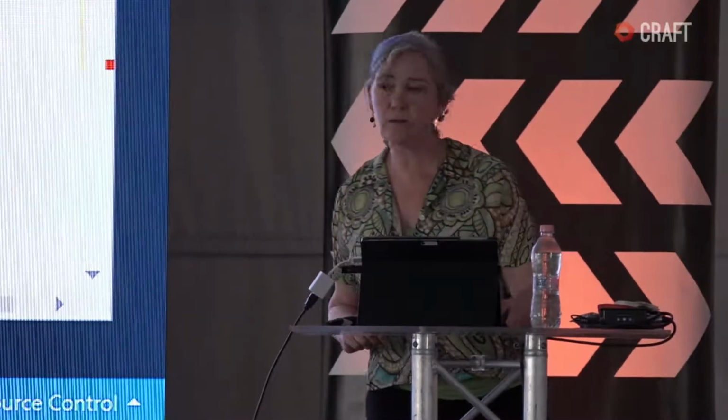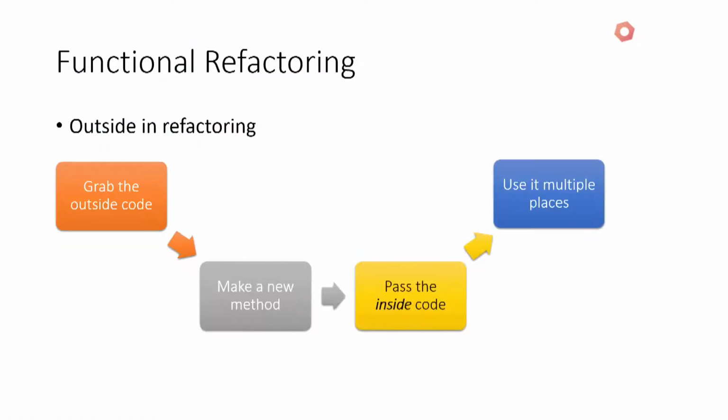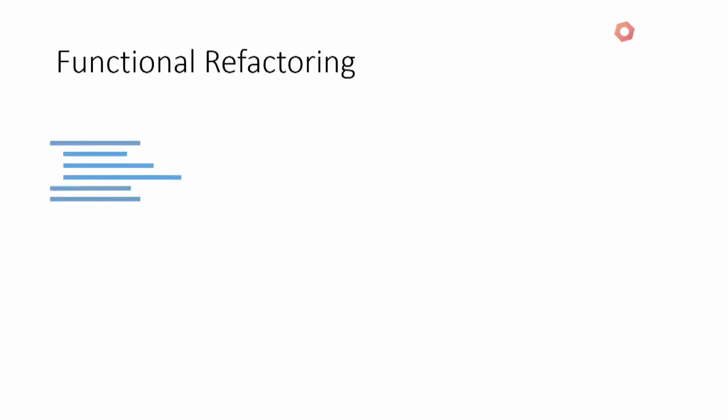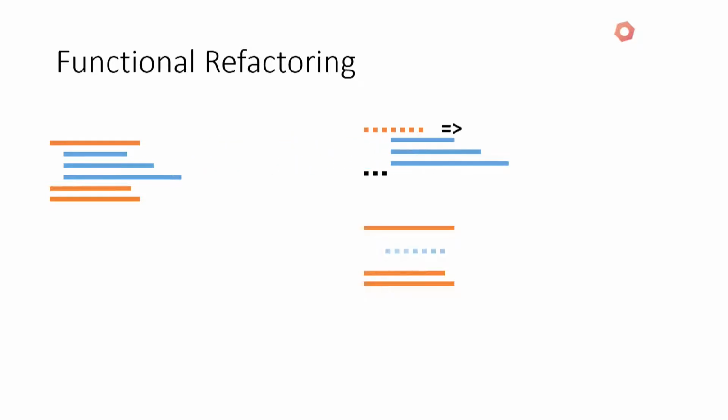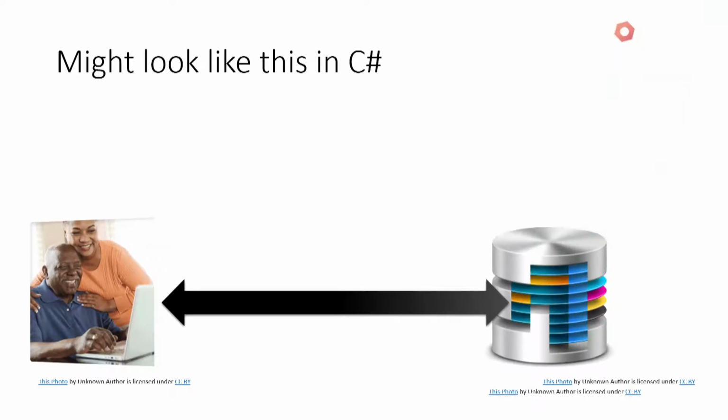I was a little bit fast through that, I apologize. It is going to be in the samples. And so outside-in refactoring is like this: we're going to take the outside code, that's what we care about, put it into a new method, take the inside code, put it into a Lambda expression, and then call it. All right. So we did that.